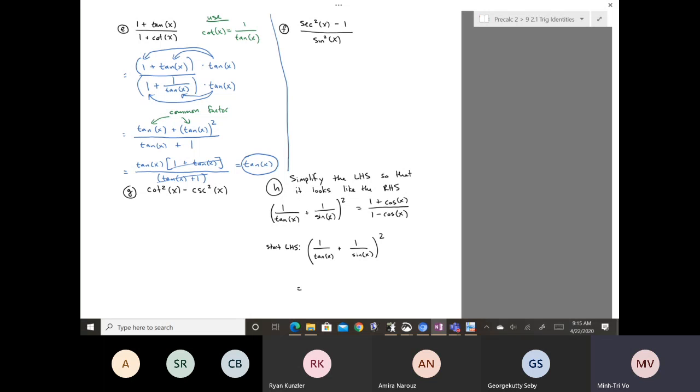Okay, so that's example E. So in the end, again, we only really need one identity where I can relate cotangent to tangent using the reciprocal identity, but then the process to simplify things becomes much more complicated. So you might have to use different algebraic tricks to try to figure out how to simplify it. Okay, so any questions on example E?